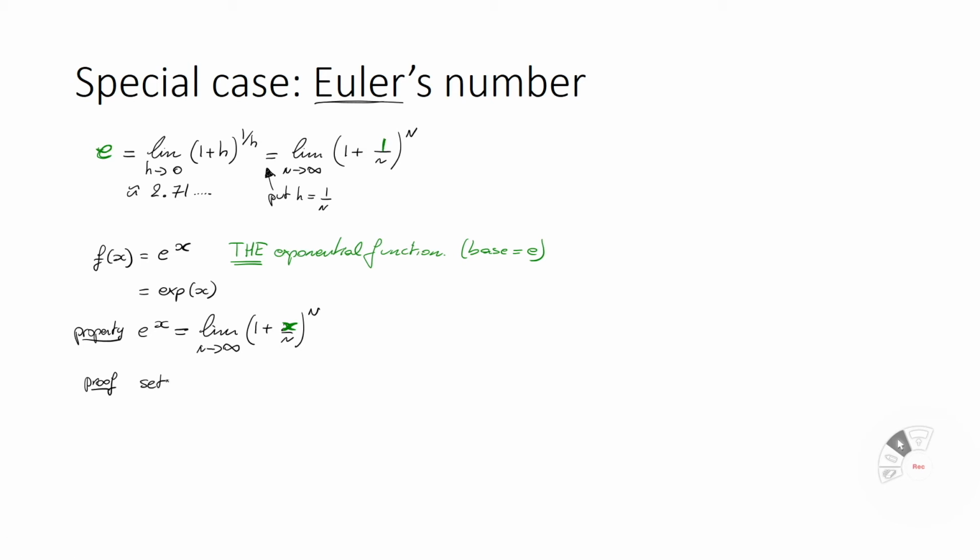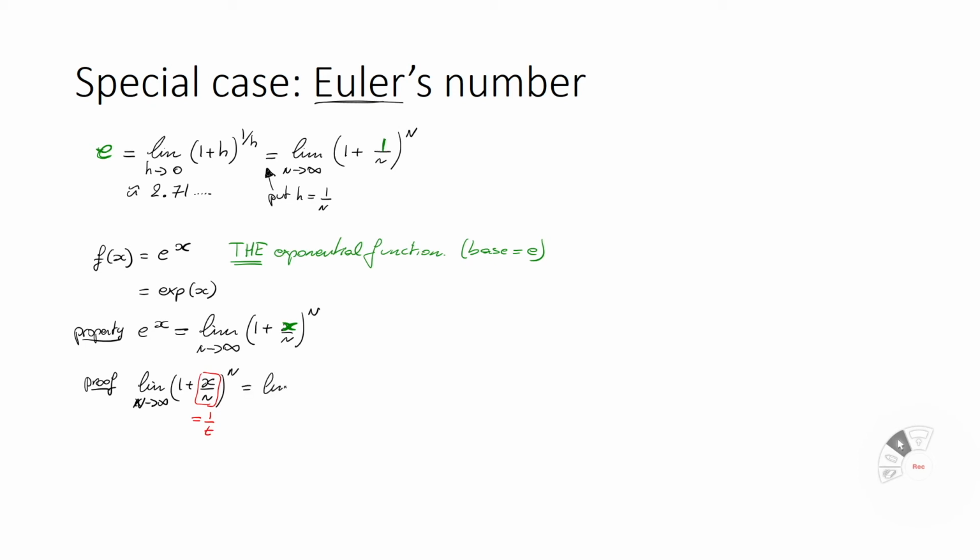So what we can do is start by taking the limit that we have on the right hand side, (1 plus x over n) raised to the power n. And now we're going to set x over n equal to a new variable which we'll call 1 over t.